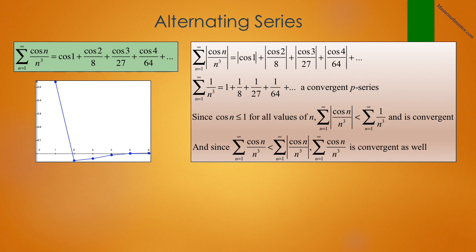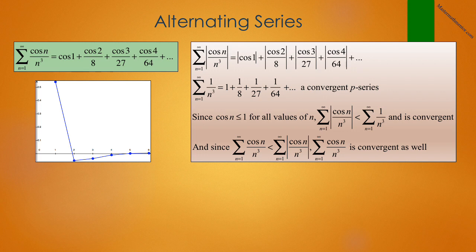And we will also compare this to summation n equals 1 to infinity of 1 over n cubed, which is 1 plus 1 over 8 plus 1 over 27 plus 1 over 64 plus dot dot dot. This is a convergent p-series.